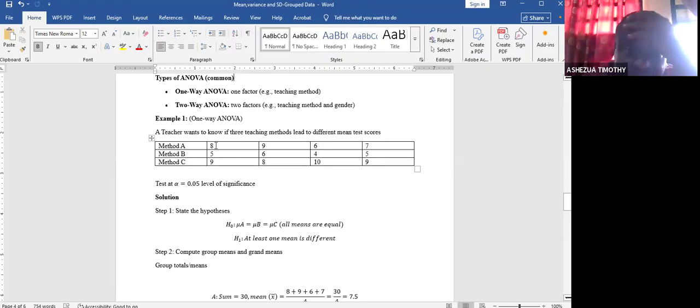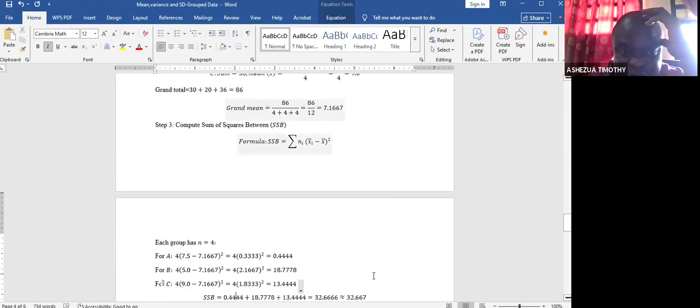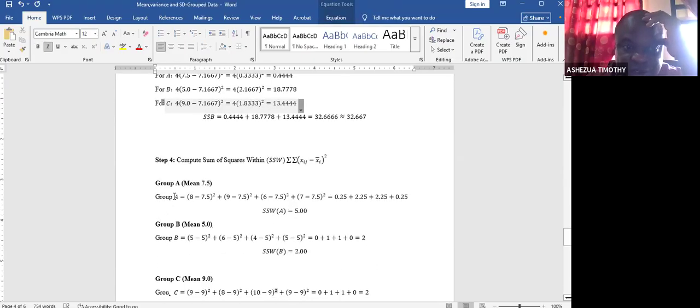For group A, I will use 8 minus 7.5, then 9, 6, and 7. So for group A, it is 8 minus 7.5 squared plus 9 minus 7.5 squared plus 6 minus 7.5 squared plus 7 minus 7.5 squared, which is equal to all that. Therefore, when you sum all these, this is the result.